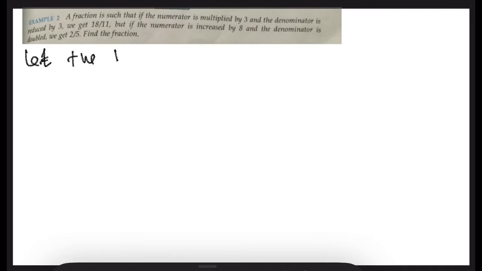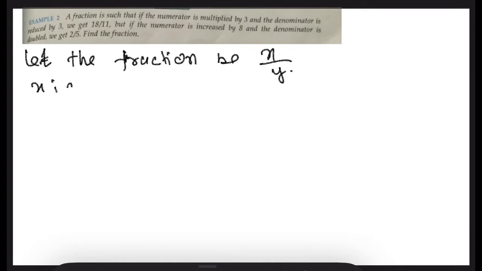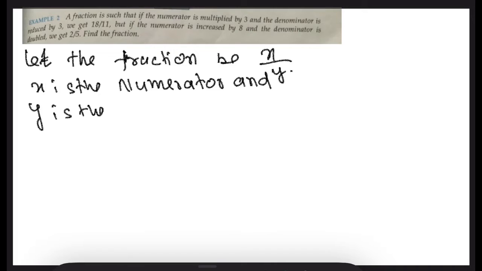Now let us assume, let the fraction be x upon y. x is the numerator and y is the denominator.